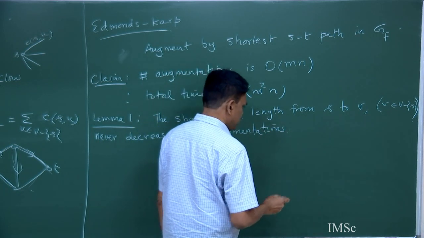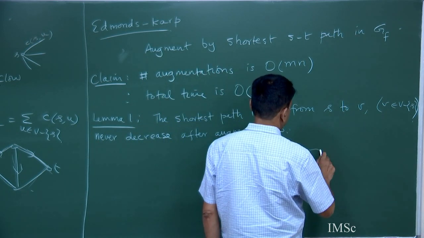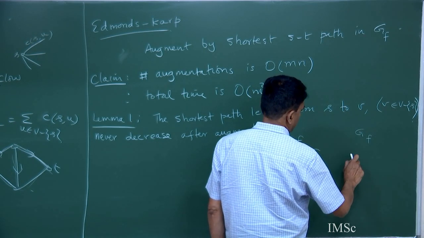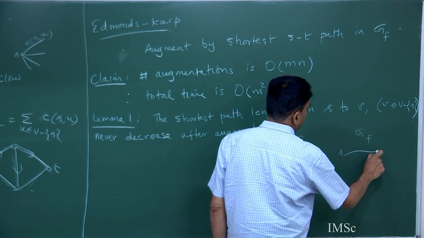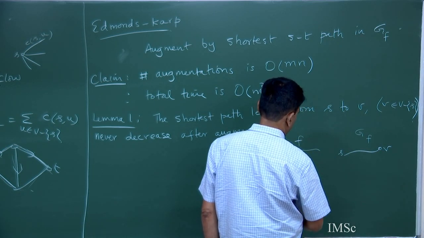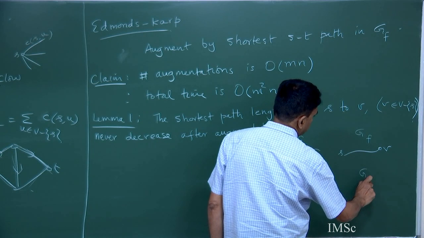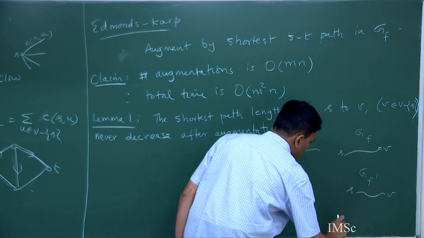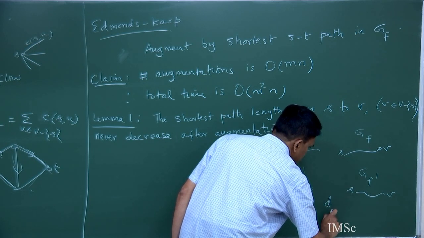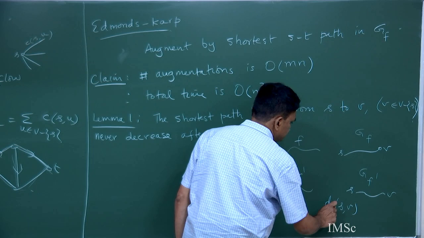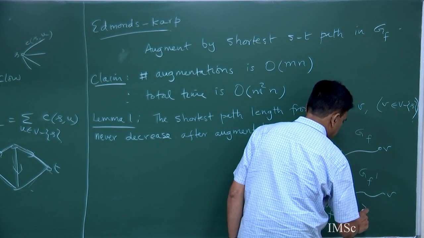So what do I mean by this? So you have your flow F and you construct your residual graph GF, and there is this path from S to V in GF, and then after some augmentation later on I have a flow F prime and I compute GF prime and look at the shortest path from S to V. What I mean is the length of the shortest path from S to V in GF prime is greater than or equal to the earlier one.